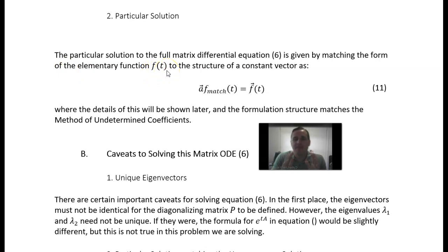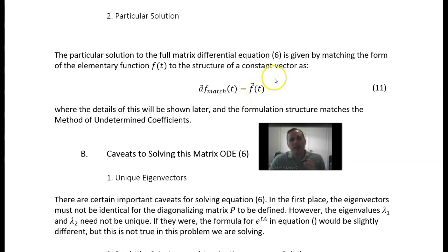Notice that this is not f vector, so we're not worrying so much about the column vector out front, but matching that function to the structure with a constant vector, such that a vector times a matching function goes along with f vector t.